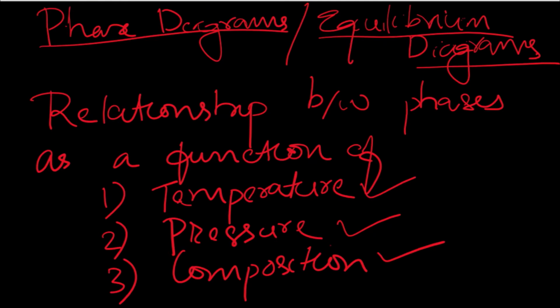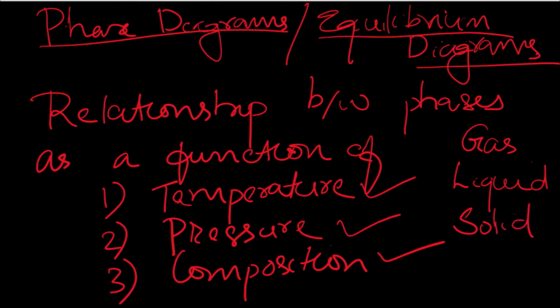All of us know that phase is something like, gas is a phase, liquid is a phase, solid is a phase, right? So why is gas called a phase? Because in gas, the molecules have a particular arrangement.